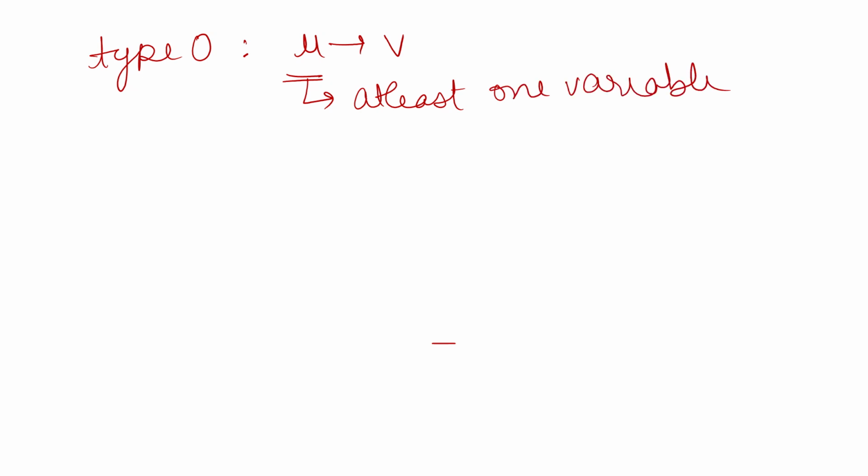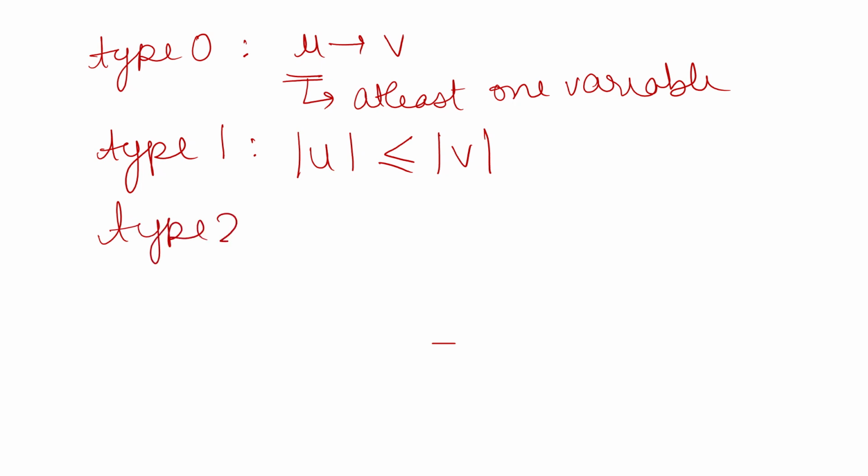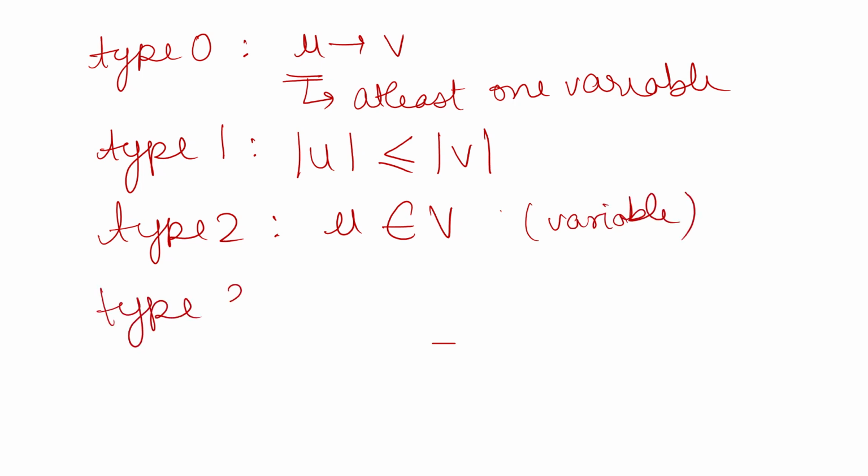Type 1 says that the length of U should always be less than or equal to the length of V. Type 2 says that U must belong to V, where V stands for a variable. And type 3 says that V should belong to T star V: multiple terminals followed by one variable.